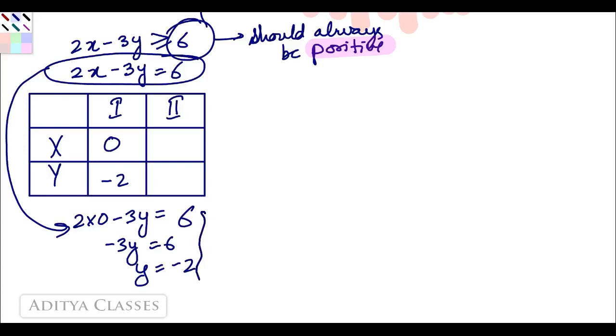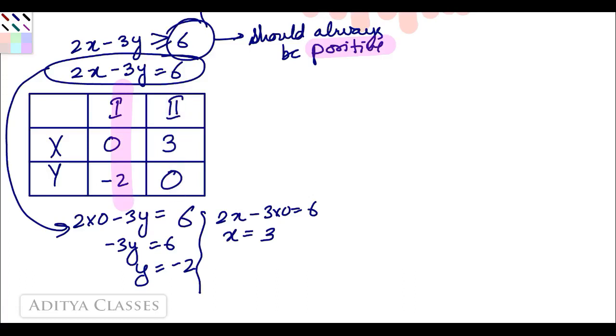And then we have the second point where we put y as 0. So this equation will become 2x minus 3 into 0 is equal to 6, x is equal to 3. Fine. So these are my 2 points.